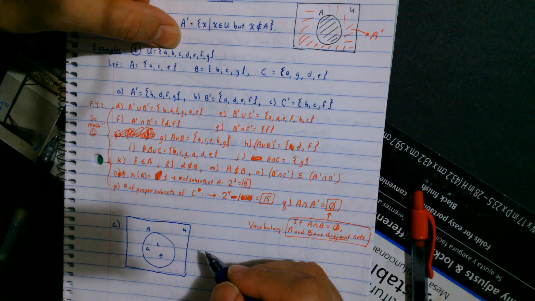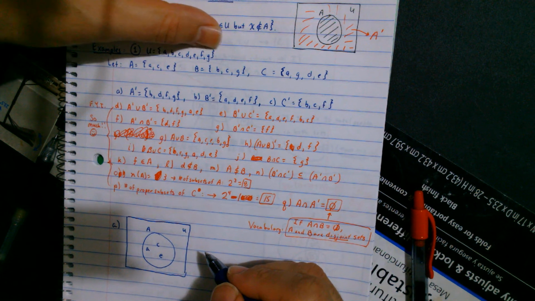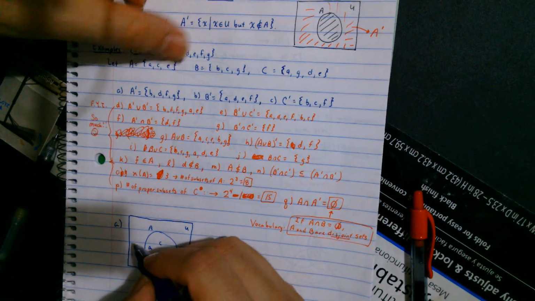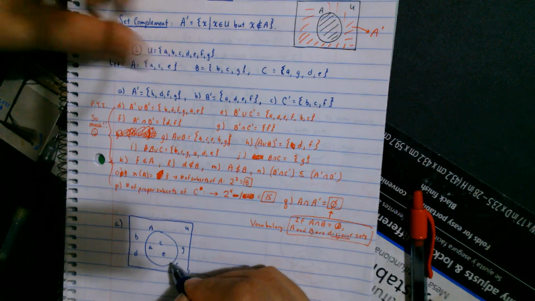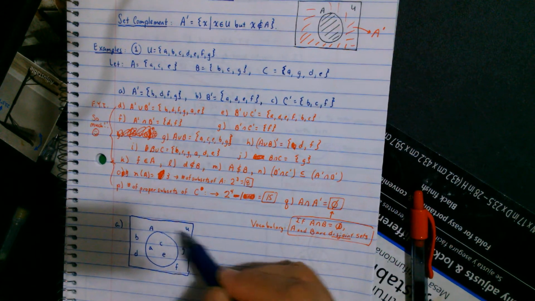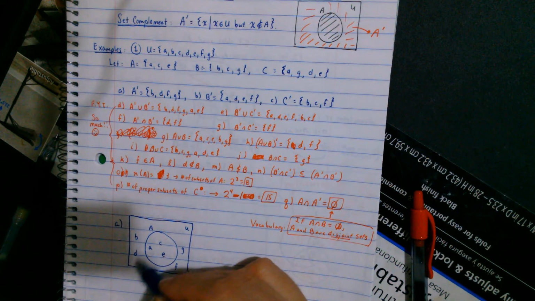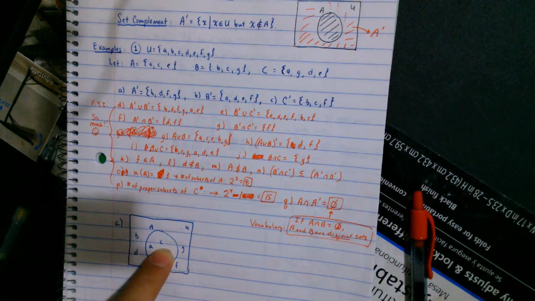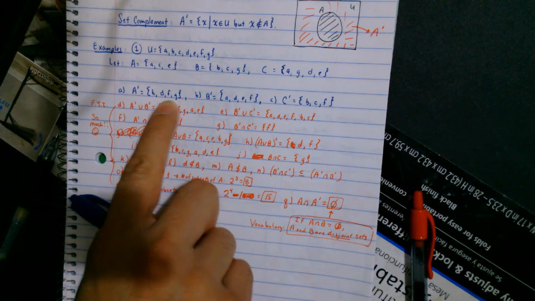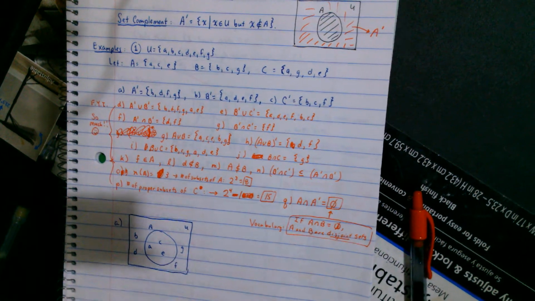B, D, F, and G that are not in here. So B, D, F, and G live outside the circle but inside the box. So these four elements are what is in the whole universe that's not in A. That is your complement: B, D, F, G.